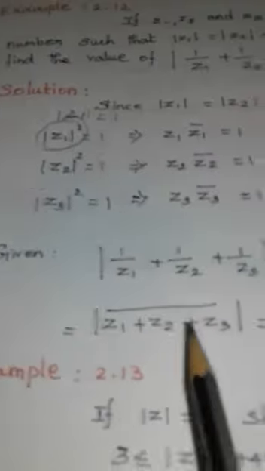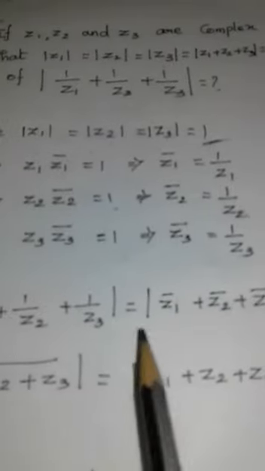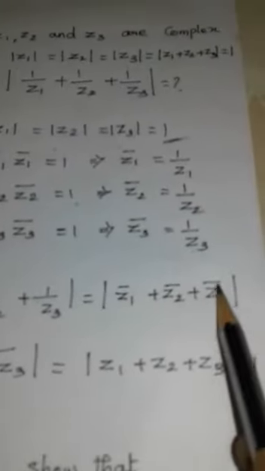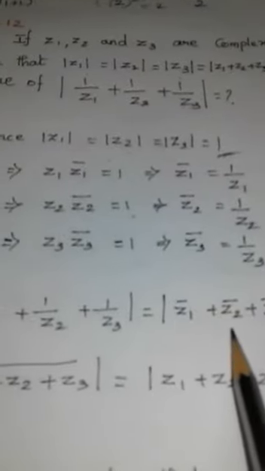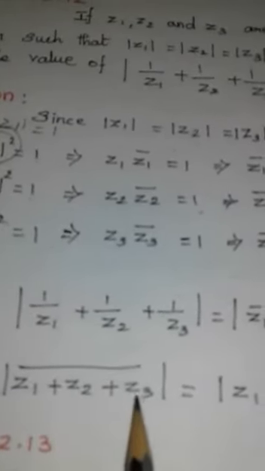Now the given expression is clearly modulus of 1 by Z1 plus 1 by Z2 plus 1 by Z3. I replace 1 by Z1 with Z1 bar, 1 by Z2 with Z2 bar, and 1 by Z3 with Z3 bar. This is the whole bar of Z1 plus Z2 plus Z3.